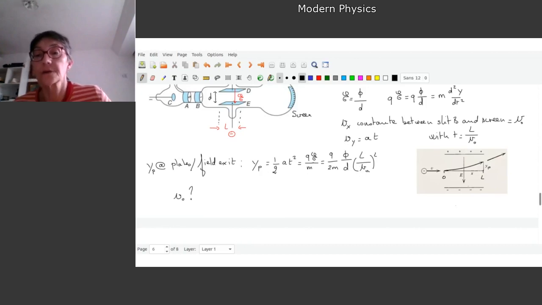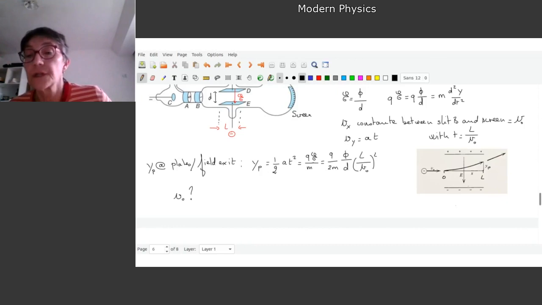And you have here the velocity V naught, which is the velocity they acquire when accelerated between the cathode and the anode. After that, they are not subjected to any electric field, so this velocity from A to the screen is V naught, constant.